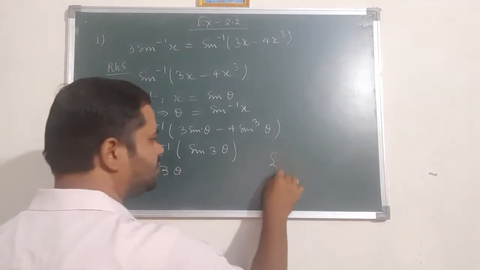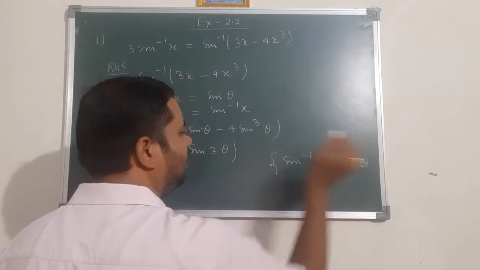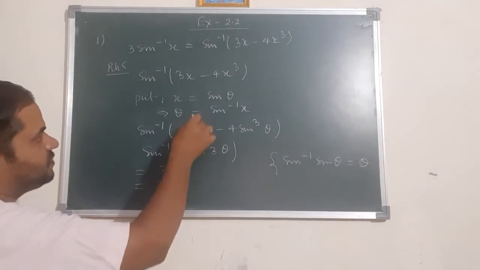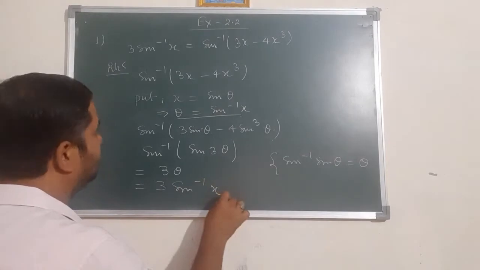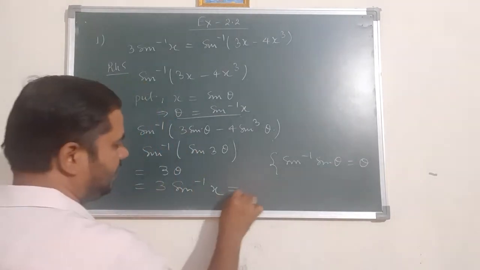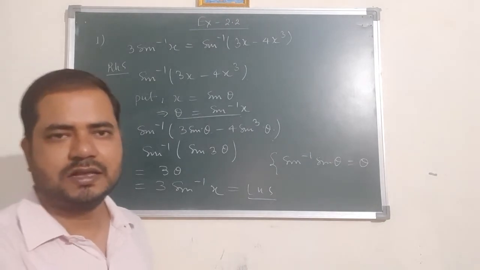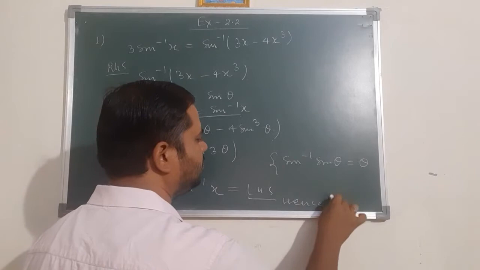Why? Because you know sine inverse of sine theta is equal to theta only. So this 3 theta is what? Sine inverse x. So RHS you take, and here you will get LHS. So hence proved.